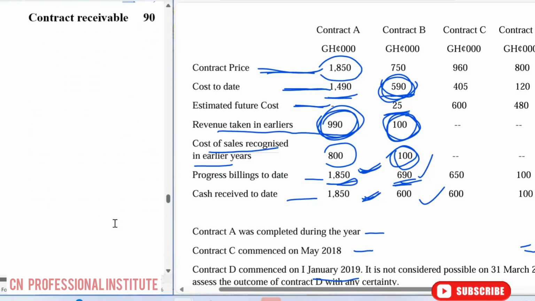Let's look at C. As I said, this question is a lot for contract.